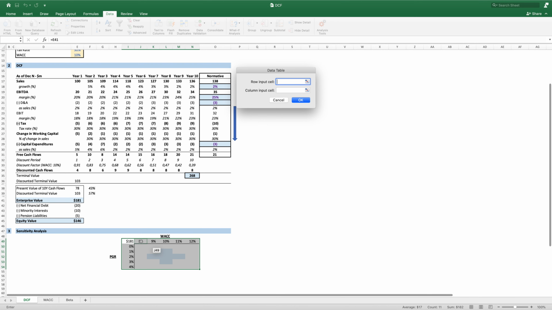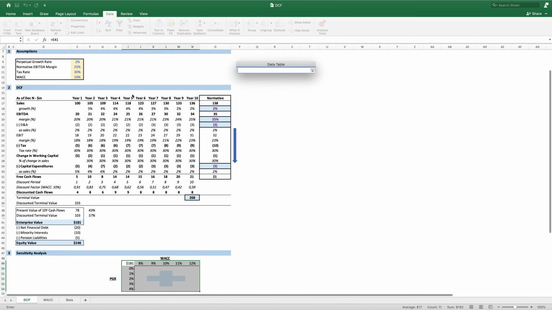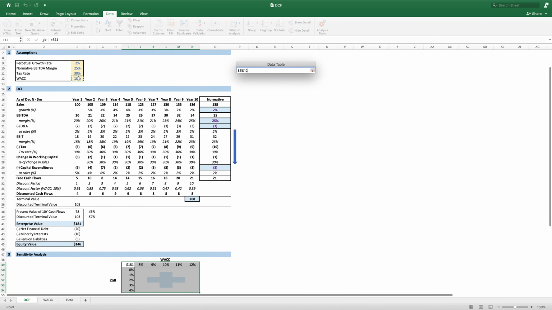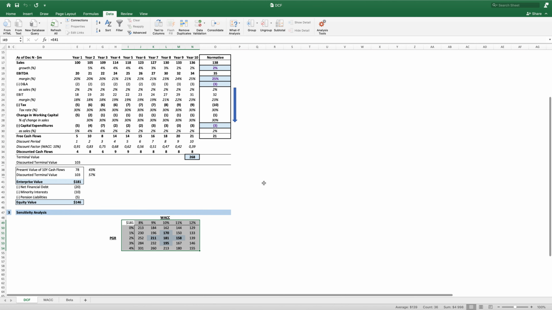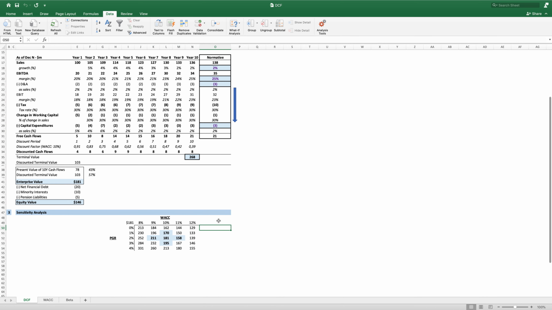Regarding the rows, I have put the WACC in the rows, so you click here and you select the WACC. For the column, I have put the PGR. Click here, you select the PGR in your assumptions, and then you click OK. And your table is created.